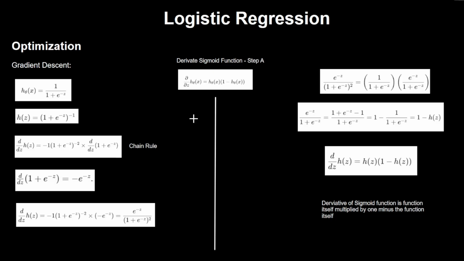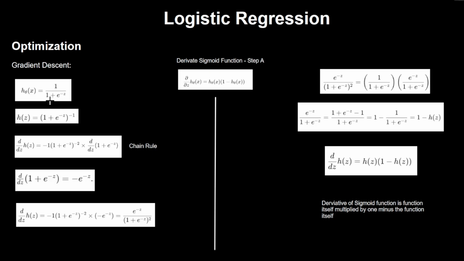The sigmoid function can be defined as h theta of x, where z = theta transpose x. This is the linear combination of the input features and the weights added together. For simplicity, we just use the variable z. We rewrite this for easy differentiation.